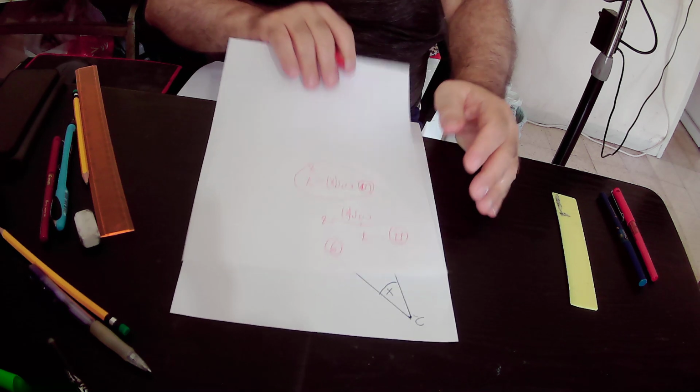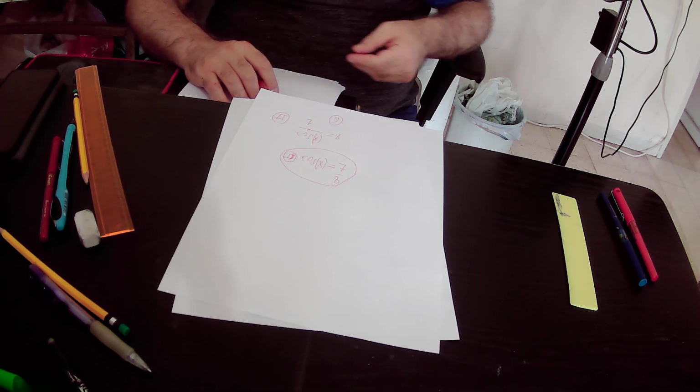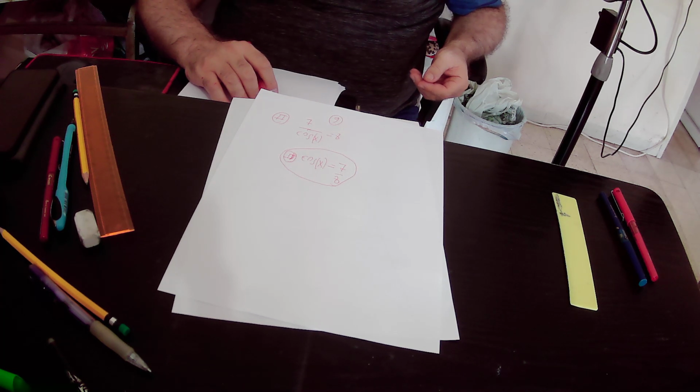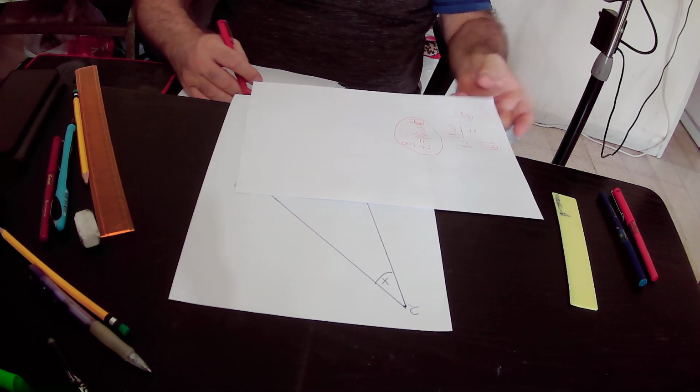We found out that the value of cosine x is 7 over 8. In the next step, we will use a new trigonometric identity in order to find out the value of sine x.